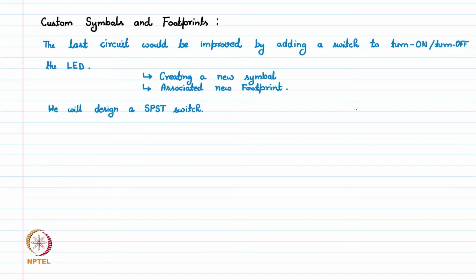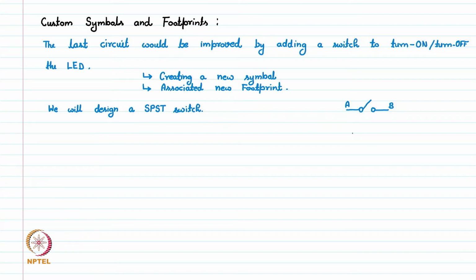It means we have this kind of switch. When we make the connection, only one connection is made, let's say from point A to point B. When we move this switch in a single movement, one connection will be made from A to B. In the other movement, when we move this switch upward, there will be a disconnection from A to B. That's why it's called single pole single throw.